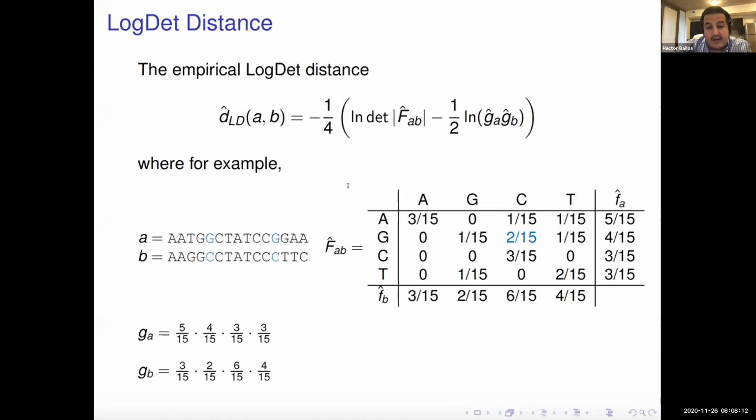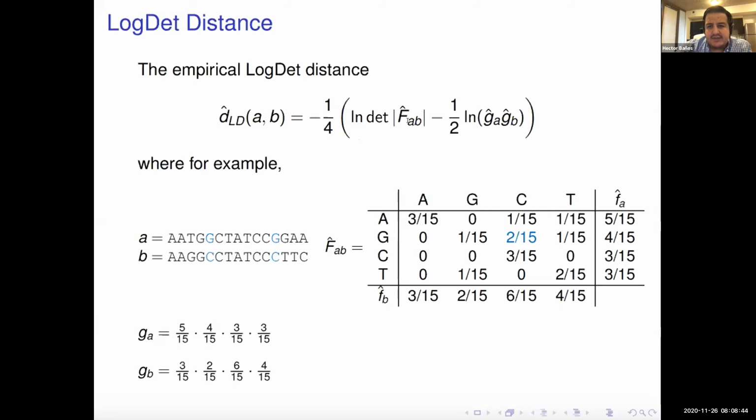The way we define it is you have the two sequences, rows will correspond to, let's say, A, columns will correspond to sequence B. And then each entry, for example, this entry represents the proportion of sites where you see a G in A and a C in B. If those two have length 15, and in two of these places we see a G in A and a C in B, then the frequency is 2/15.